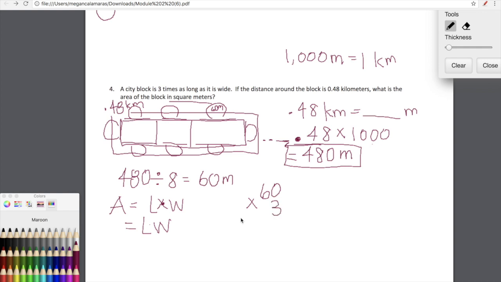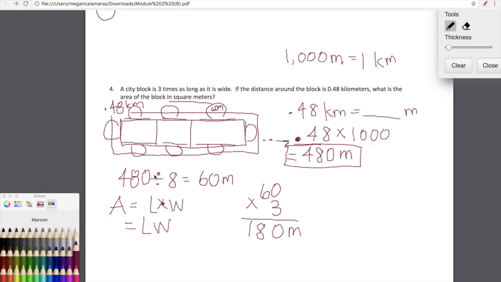Eric, can you tell me what the length is of this city block? We're just going to find 3 copies of 60, which, as Eric has already probably figured out, is 180. So this length is 180 meters. Now we need to figure out the width.